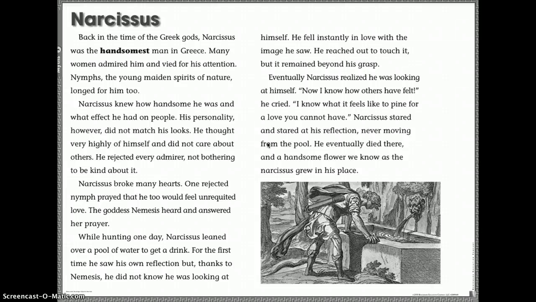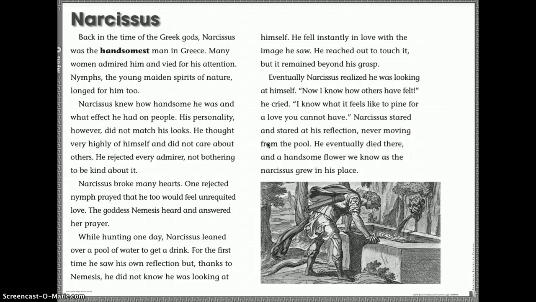"Now I know how others have felt," he cried. "I know what it feels like to pine for love you cannot have." Narcissus stared and stared at his reflection, never moving from the pool. He eventually died there, and a handsome flower we know as the Narcissus grew in his place.